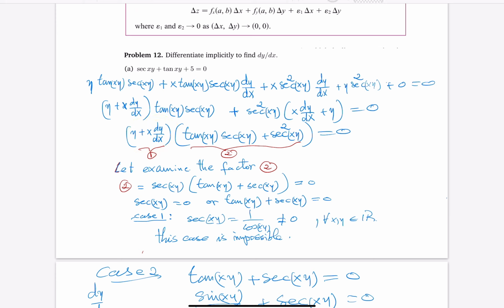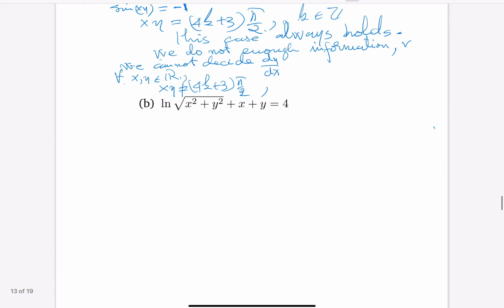From here, I call it 1. This one has to be equal to 0 if this is different to 4k plus 3 pi over 2. Then 1 equals 0, and the other is y plus x dy over dx equal to 0.